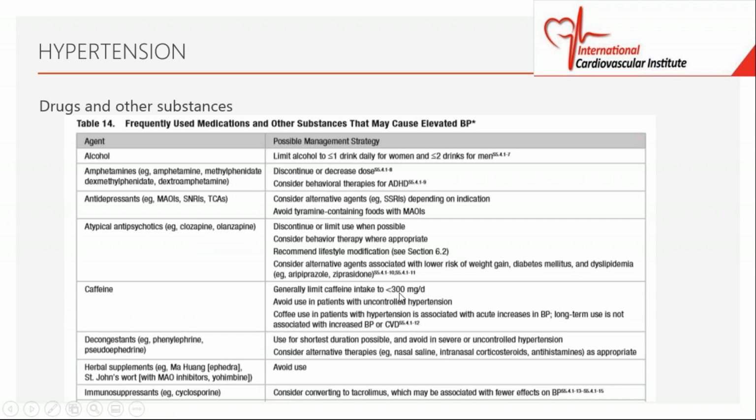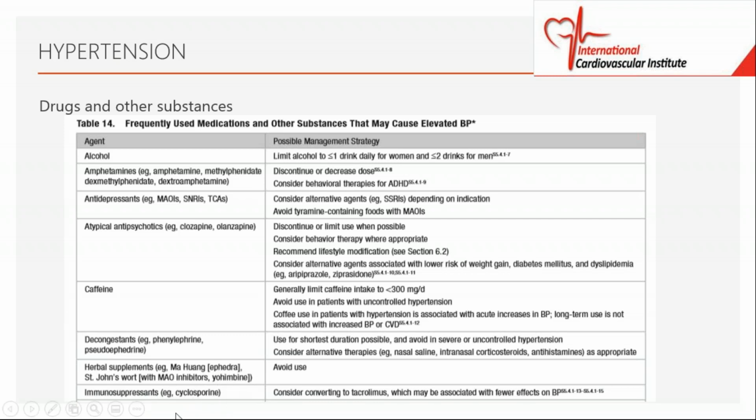So you want to stick to less than 300 milligrams per day. Some decongestants, phenylephrine, pseudoephedrine, herbal products such as St. John's wort and ma huang, which contains ephedra. And then the immunosuppressive cyclosporine.